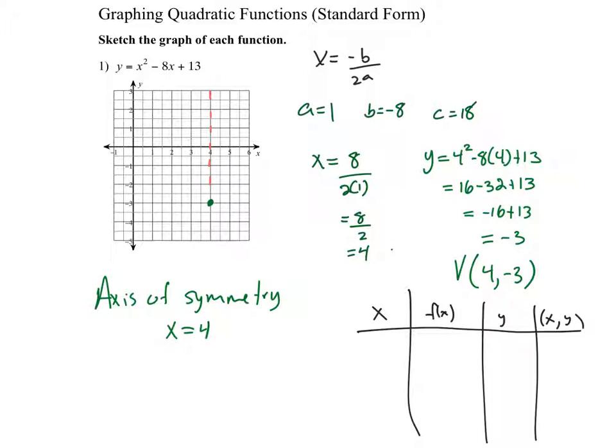So I'm going to substitute 5. So I have 5 squared minus 8 times 5 plus 13. So 25 minus 40 plus 13. So negative 15 plus 13. This is negative 2, so I have the point 5, negative 2. I'm going to mark that point right here.